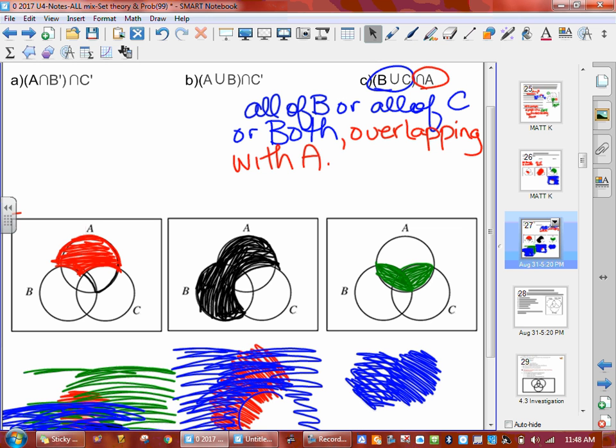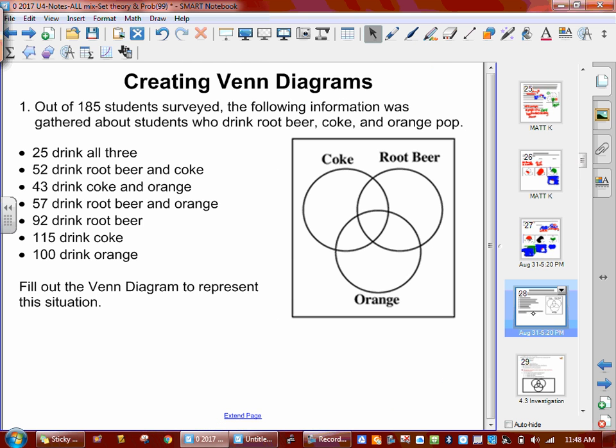So let's take our first example. So we're going to create a Venn diagram. So we're using the exact same steps as we did with our double Venn diagrams. But it's always easier to start from the inside and work to the outside. So we've got a triple overlap and then 3 double overlaps and then our single spots.